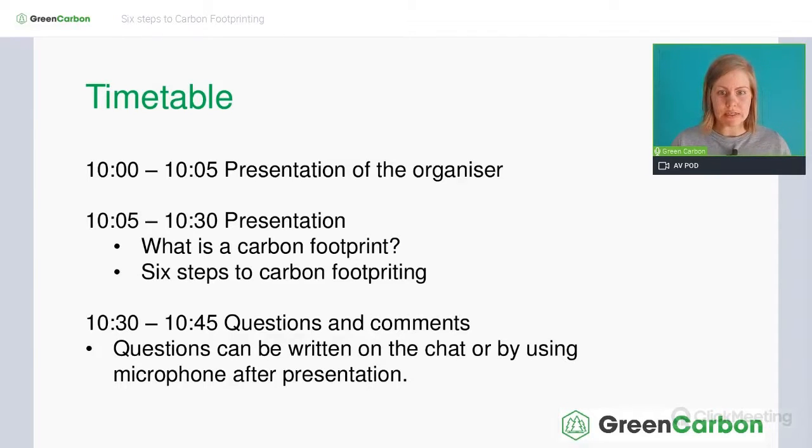So here you can see the schedule of today. First I will tell you a couple of words about the organizer, Green Carbon, and then it's the actual presentation. First I will talk about in general what carbon footprint is, and then I go through the process of carbon footprinting.